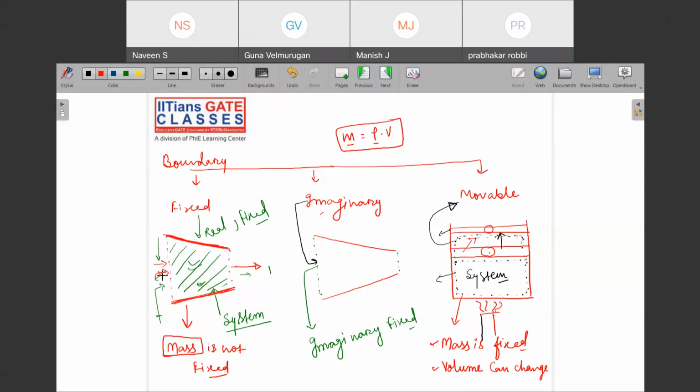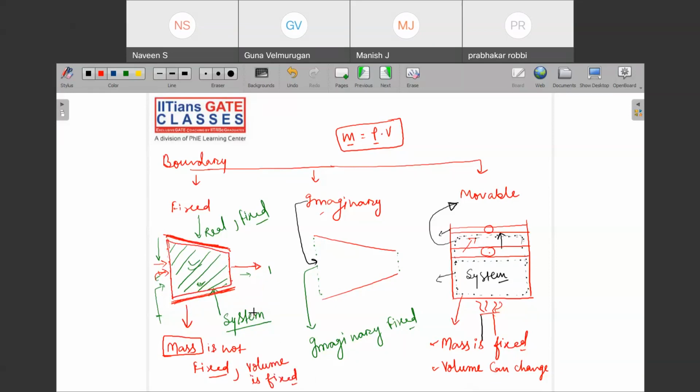Okay, so here mass coming in is not fixed. Okay, but can we see that once you have defined your system, then this volume is fixed anyway. Like this packet is always fixed, this is not going to change, right? Like this volume is always fixed. So can we see here that mass is not fixed but volume is fixed, right?